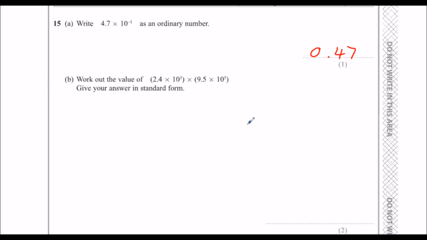Actually, with the previous question, so 4.7 times 10 to the power of minus 1, we could just simply type that into the calculator. So type it into the calculator and it will tell you the answer.